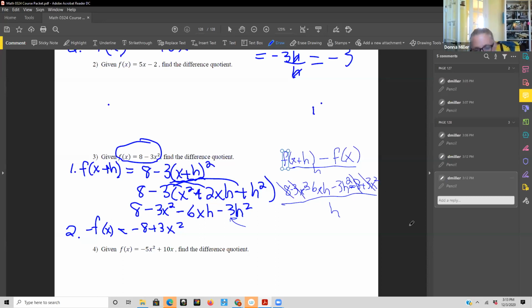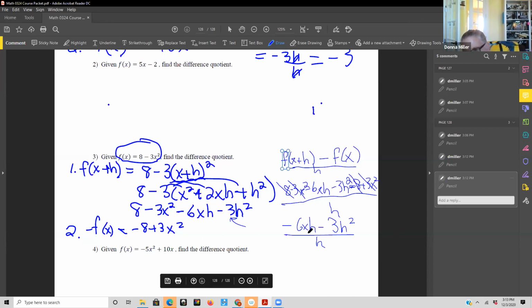All right, so what am I left with? I have negative 6xh minus 3h squared, and I'm dividing it by h. All right, so basically, you can factor the h out of there, but it's going to cancel. So if you want, you can think about it like you're just dividing both of these by h. So I get negative 6x. The h's will cancel here, and h squared over h would be 3h.